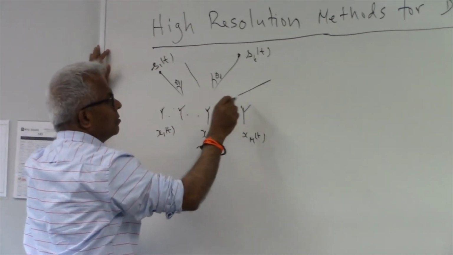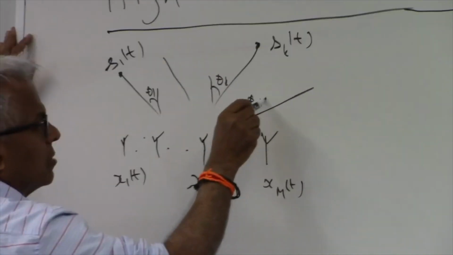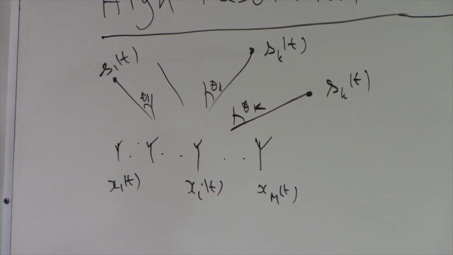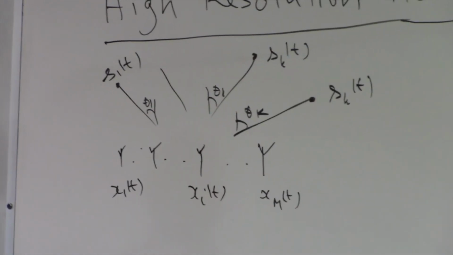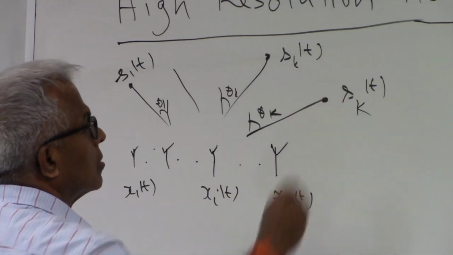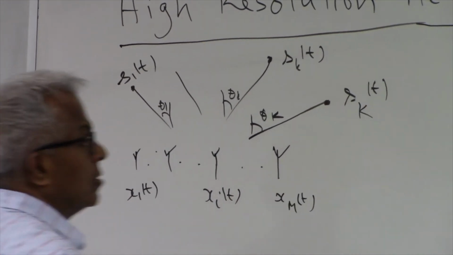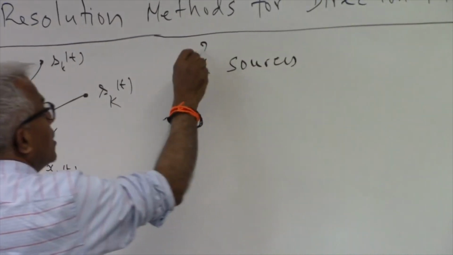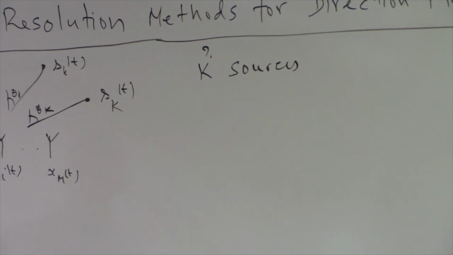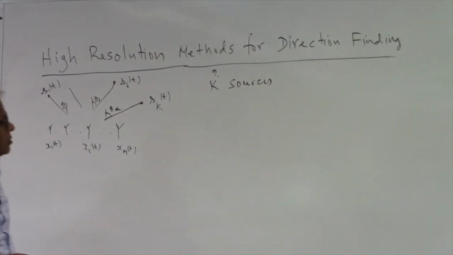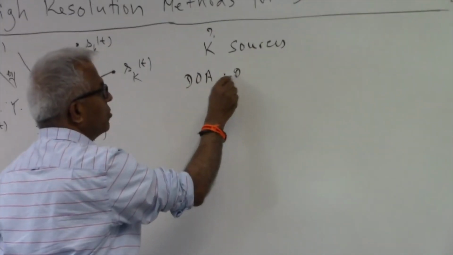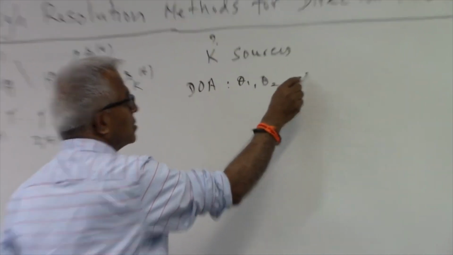Let's say K sources, capital K. K itself, of course, is unknown, and the arrival angles or directions of arrival are theta 1, theta 2, etc., theta K.